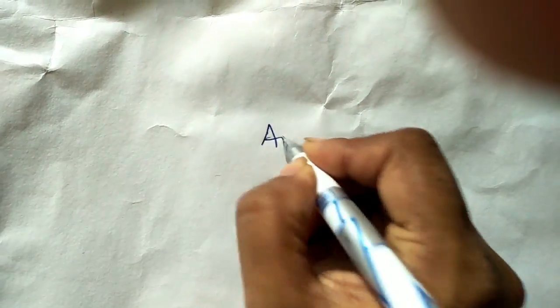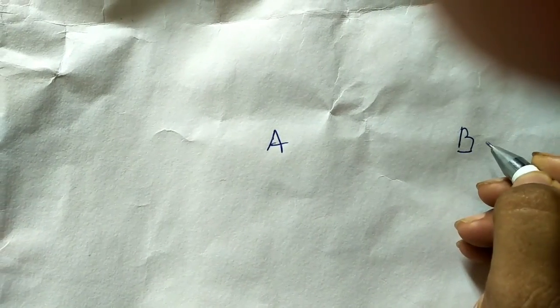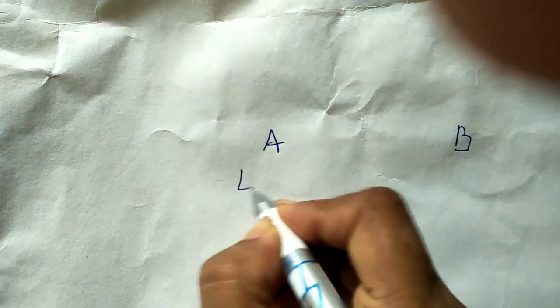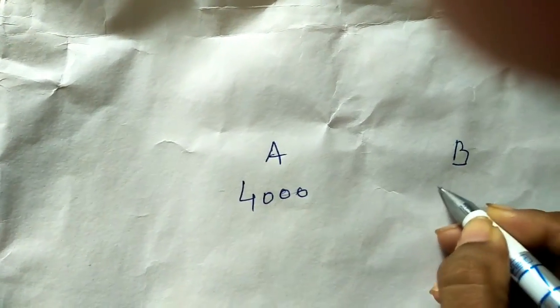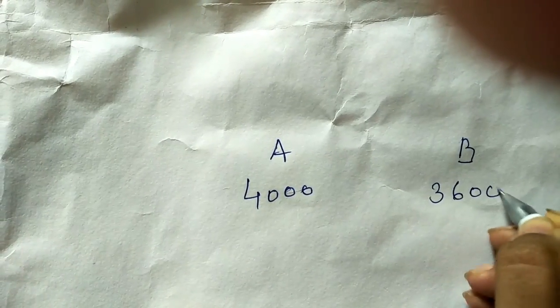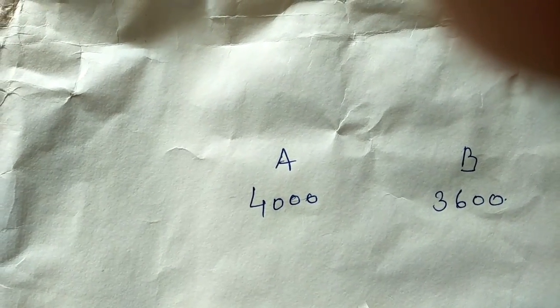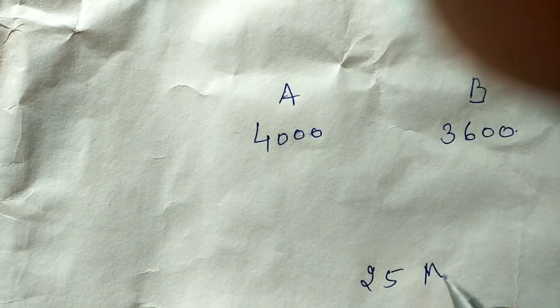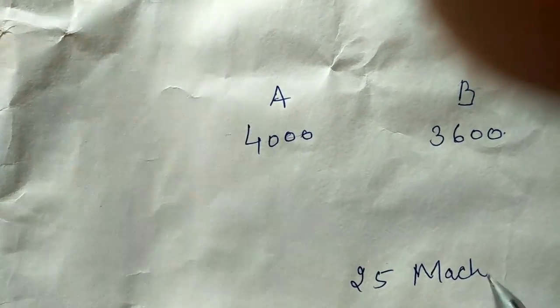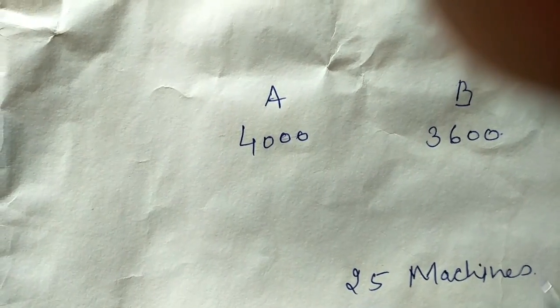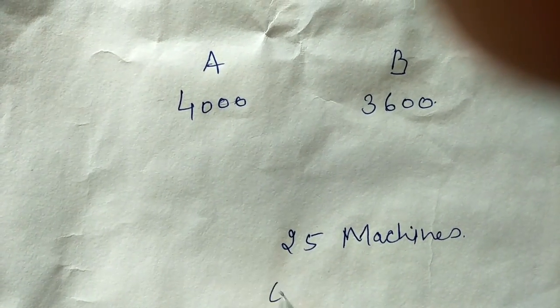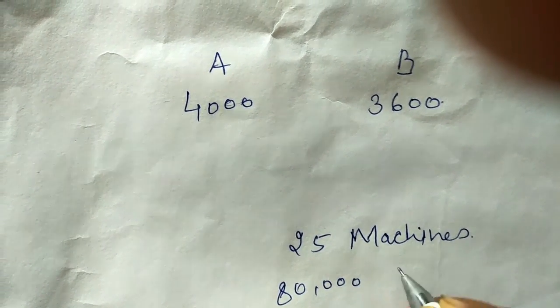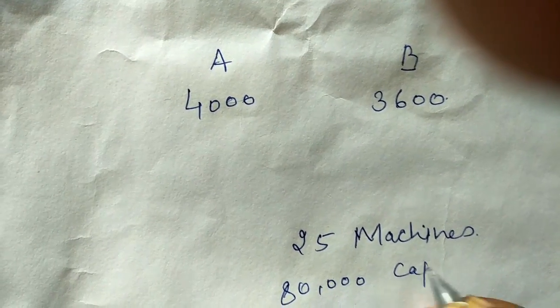Suppose a small company wants to establish two types of machines, machine A and machine B. The cost of machine A is 4,000 and the cost of machine B is 3,600. Suppose he has a space capacity of 25 machines and a capital of 80,000 rupees.